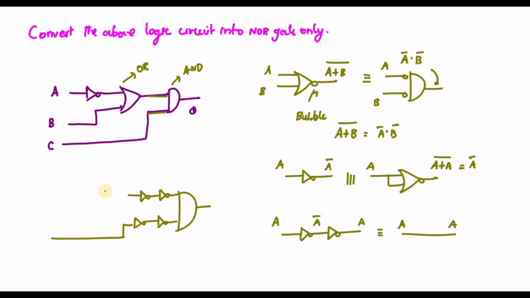Similarly for the OR gate, at the output side, I have to insert a bubble, right, at the output side. So I am going to add two more NOT gates at the output side of the OR gate.